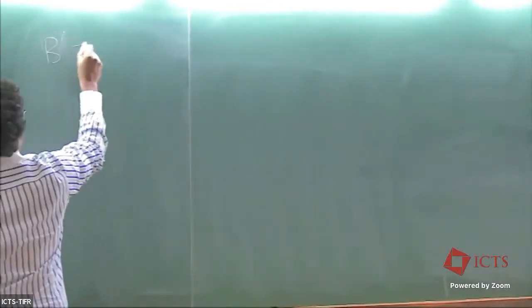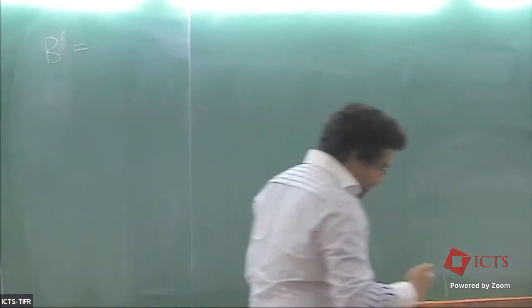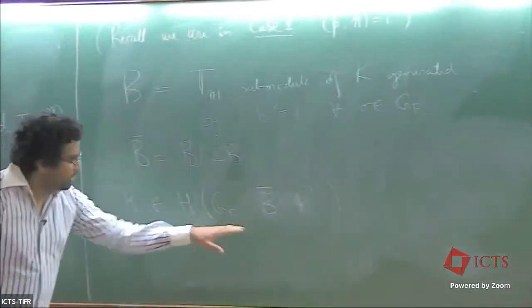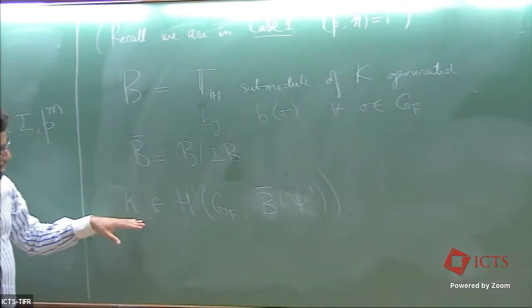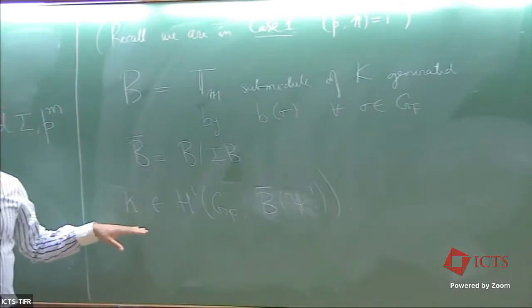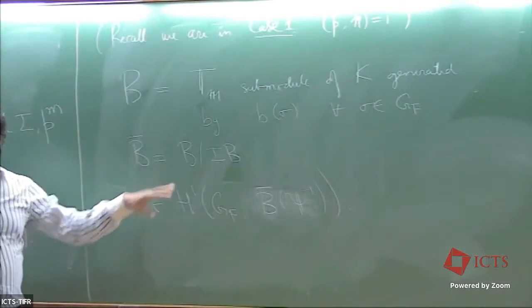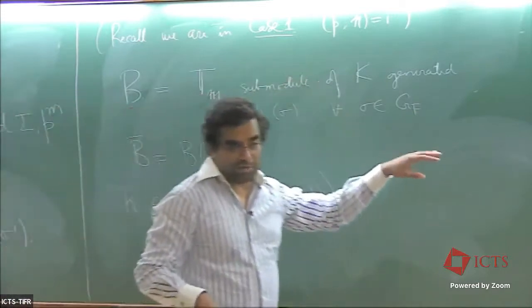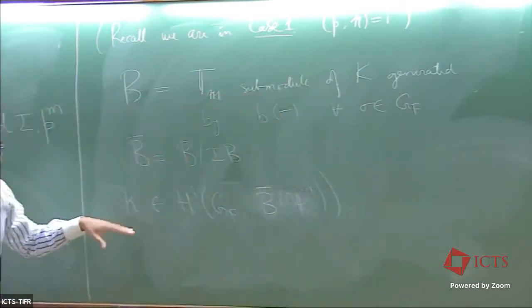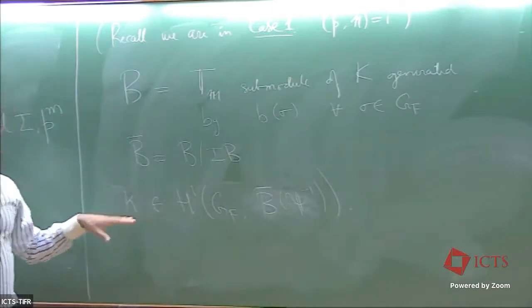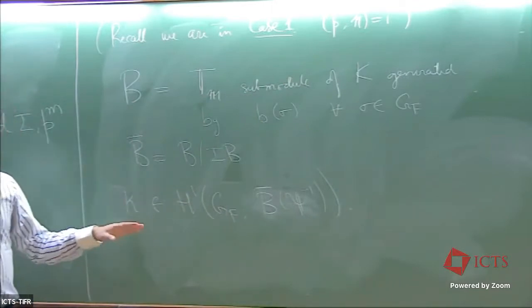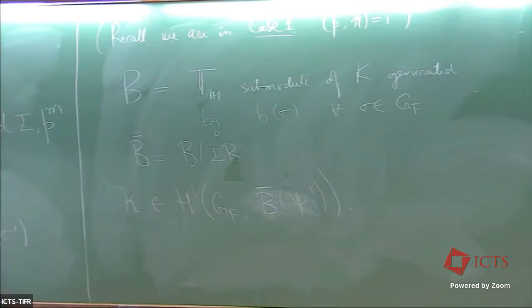Let me say this in words first. The problem is that this will not be unramified at places above P, right? Sigma prime does not contain any place above P. So I want kappa to be unramified at all places above P, and this class will not be. So we do again something very stupid. You just kill all the ramification. You just brutally kill everything.